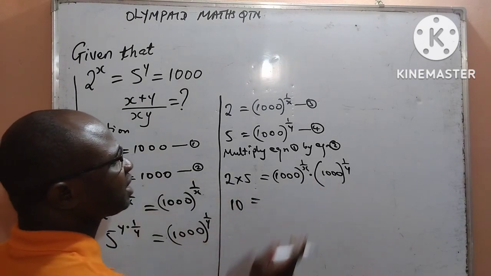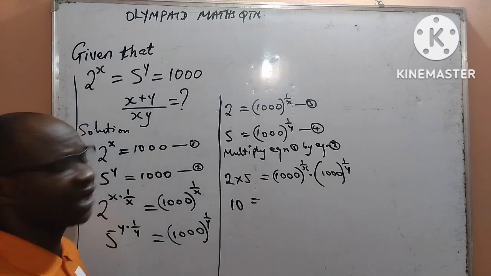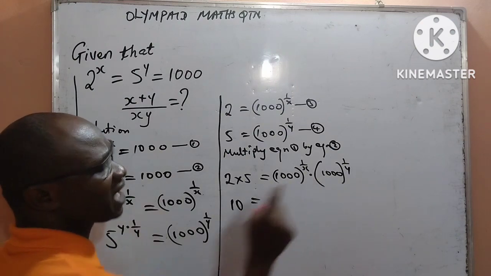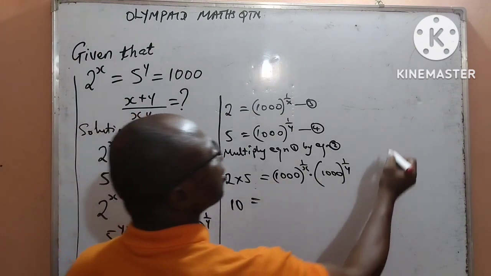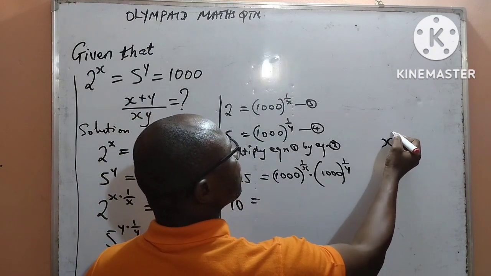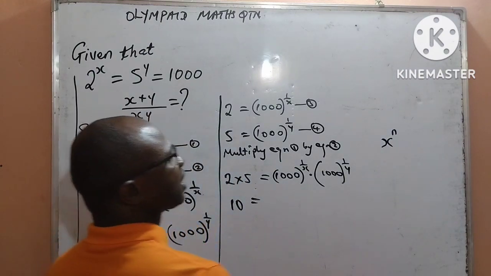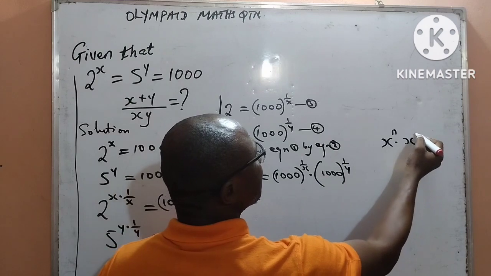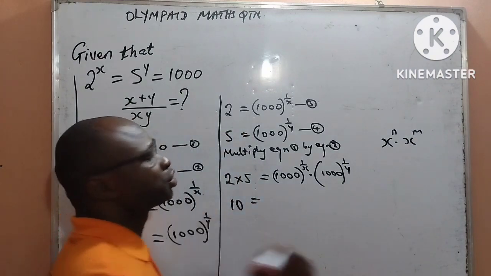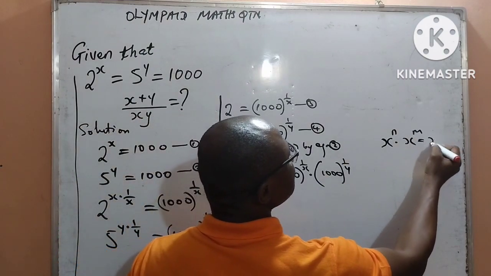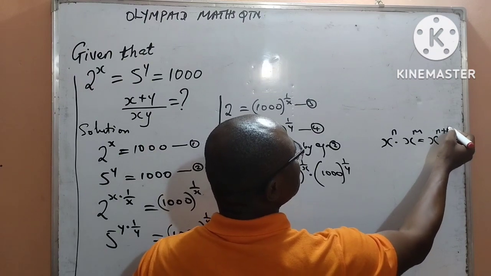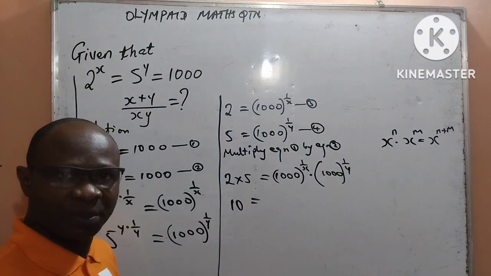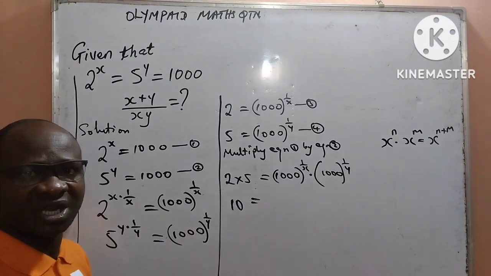On the right hand side, I will apply the law of indices since the bases are the same. That law says that x to the power of n multiplied by x to the power of m gives x to the power of n plus m. That is the multiplication law of indices.